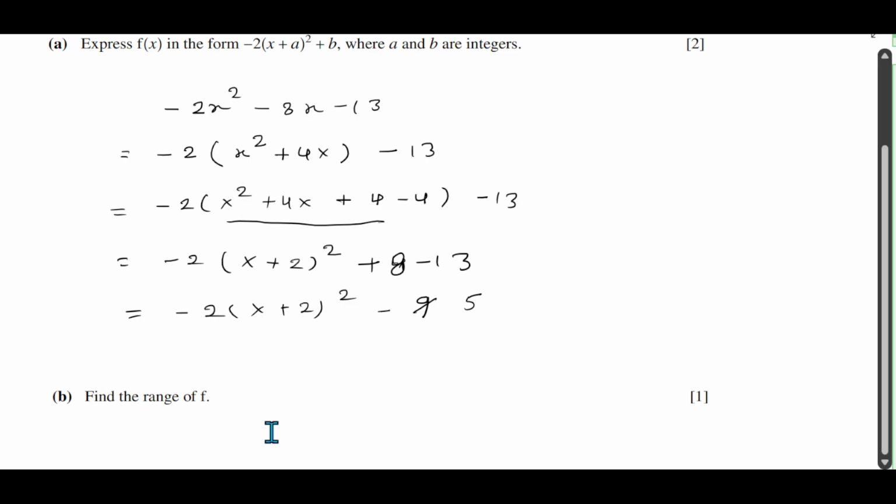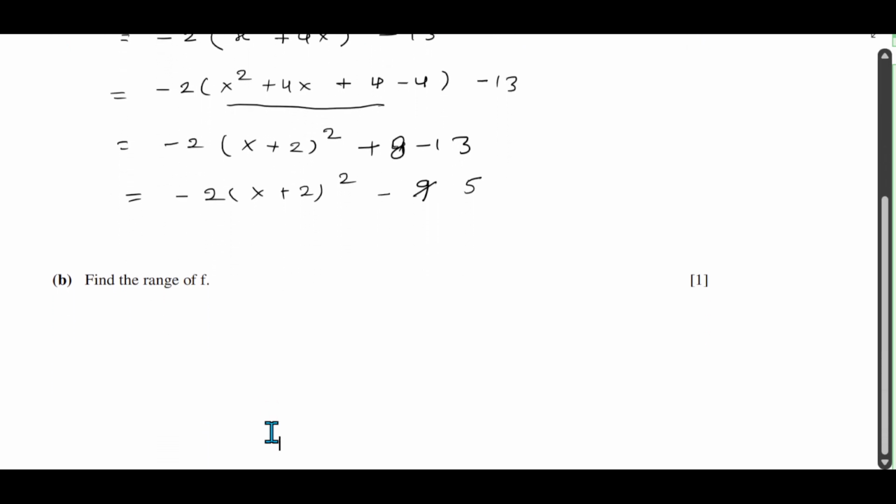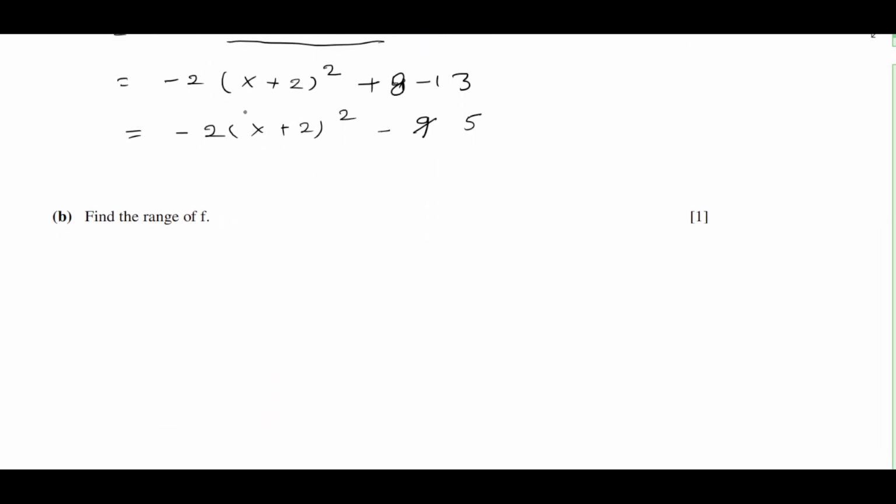Now to find the range of the function, you can write again your function f(x) is -2(x + 2)² - 5. Now this square term can always take a positive value. This positive value when multiplied by -2 gives a negative value.